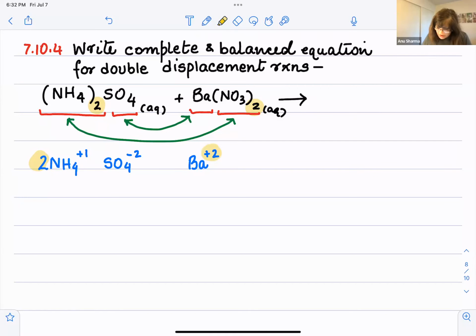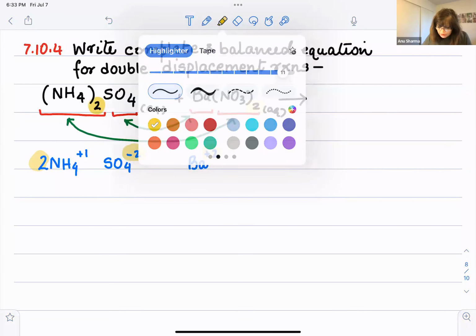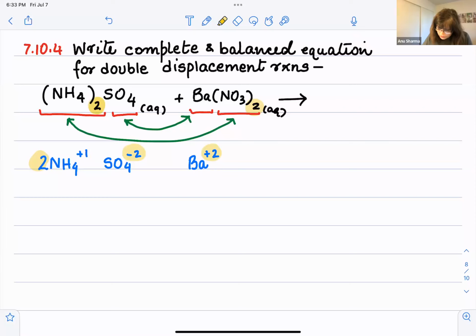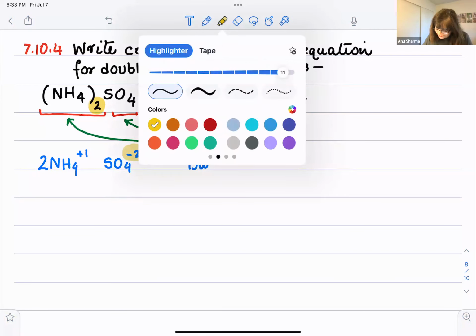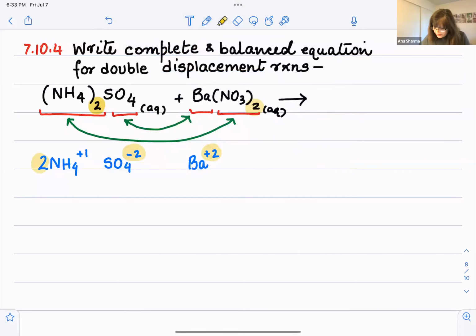So this 2 is this sulfate has a -2 charge, which is showing as a subscript, and that subscript translates into the charge.